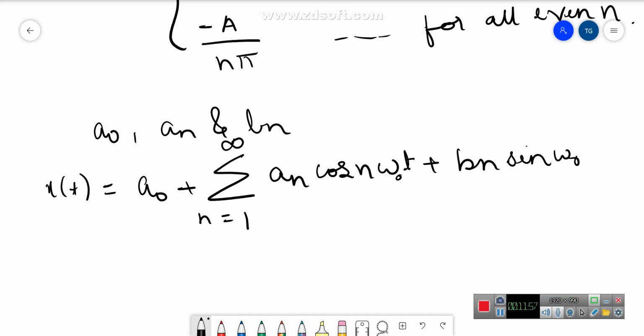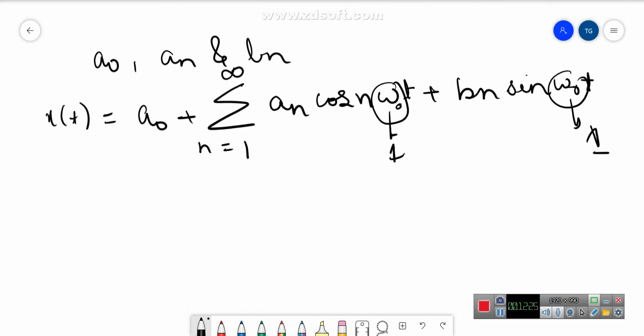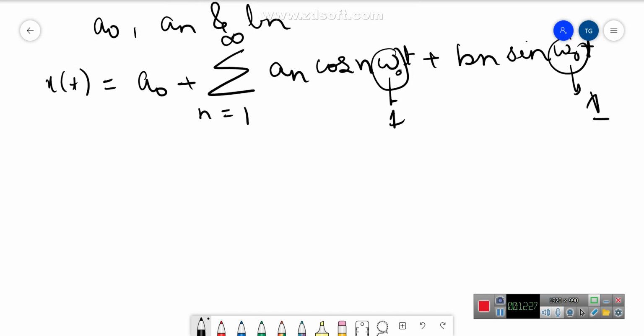This is omega naught here also. We know this value is 1, and here also it is 1. So now substituting the values of a0, an and bn.